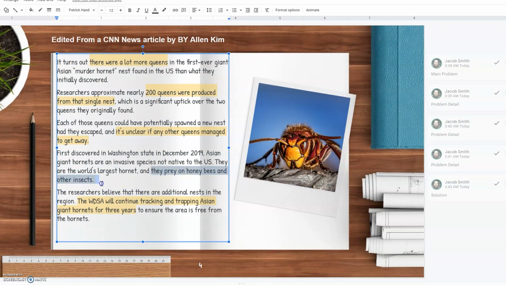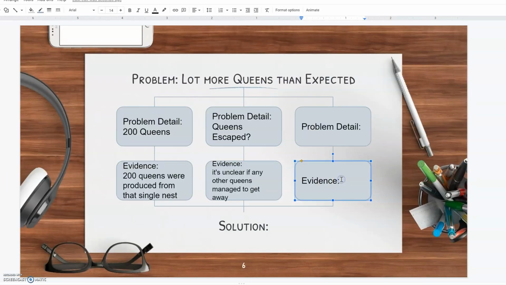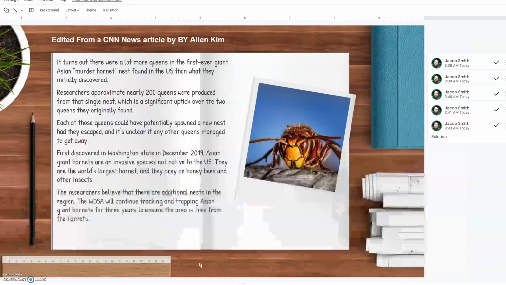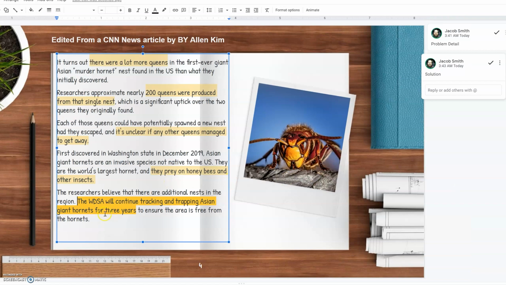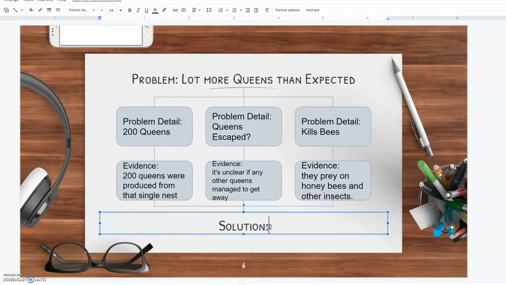And finally, they eat honeybees, not the bees. Bees are super important to our ecology. Kills bees. Alright, so what is our solution? Our solution was here. Oops, wrong slide. Our solution was they will track and kill nests for 3 years.